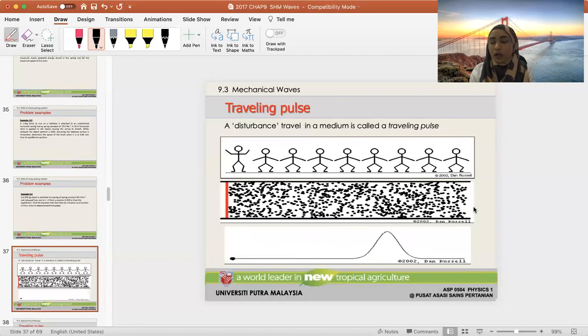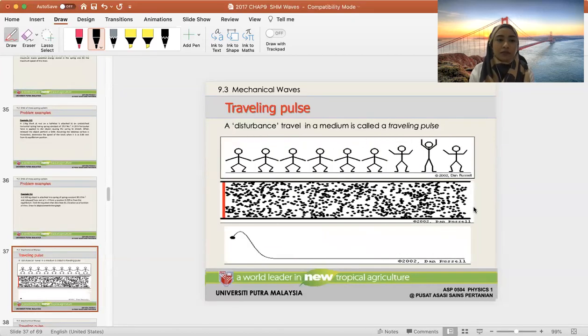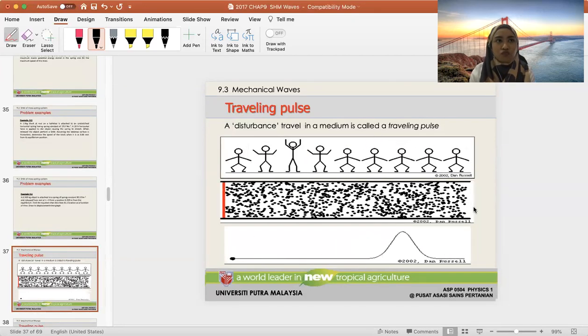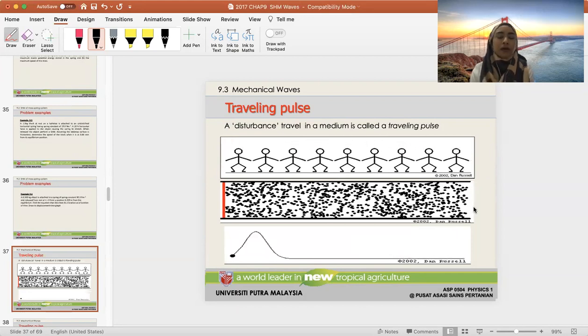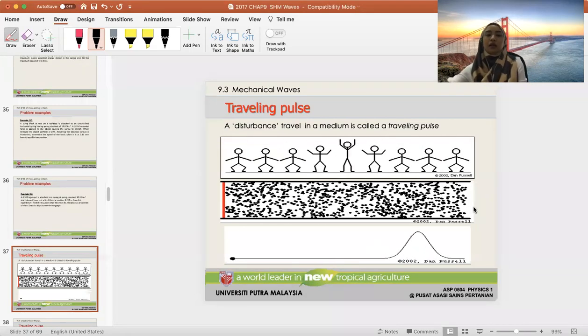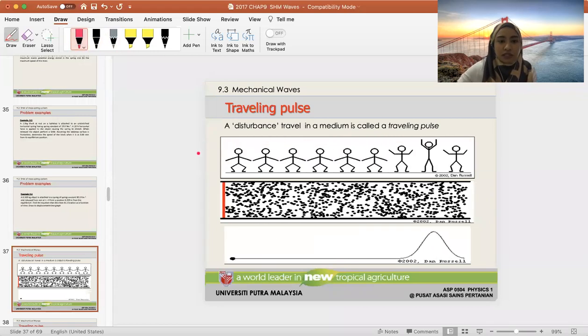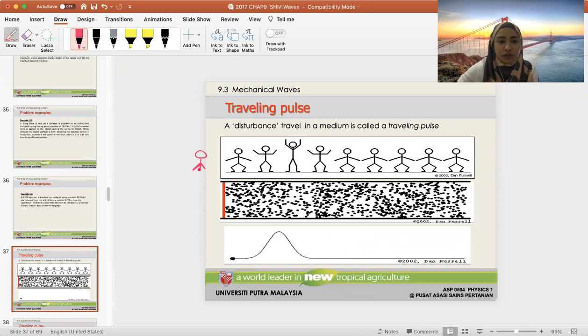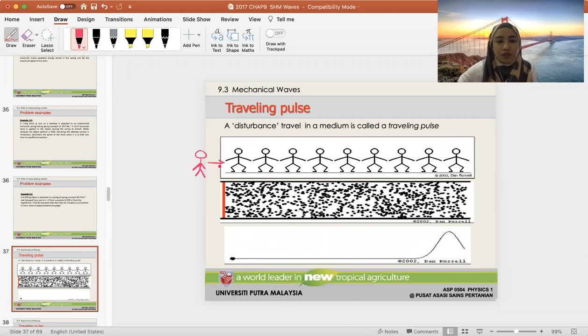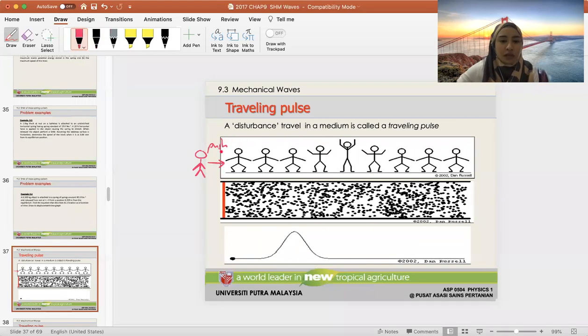Alright, so now we are going into mechanical waves. We're doing mechanical waves and this is like a demonstration. I'm doing ice breaking or team building. I push this guy, because I'm feeling mean.